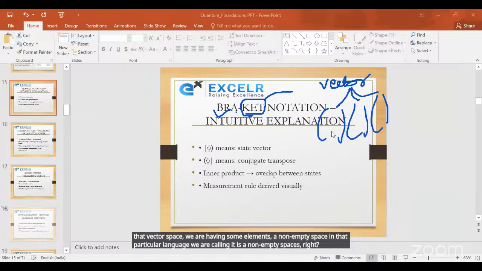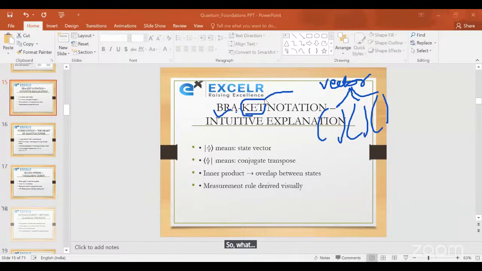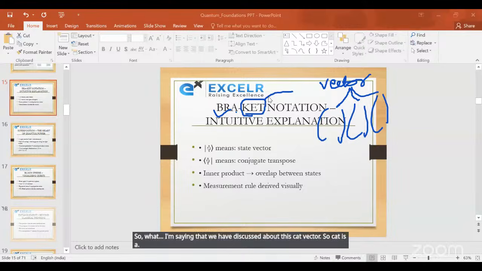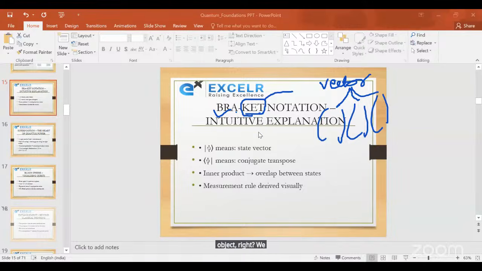So what I'm saying is that we have discussed this ket vector. A ket is an object, right? We described this ket as an object yesterday. This object must be from any vector space.